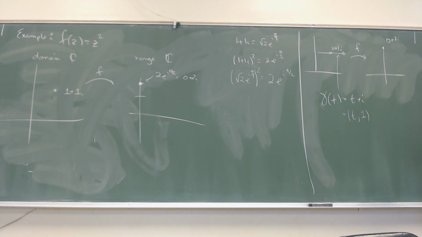Okay, so what is the image of the line under the function? Because f doesn't just take points to points, it distorts the sets that you feed into it, does stuff to them. And the study of what functions do to the curves they're acting on is an important part of analysis, broadly.